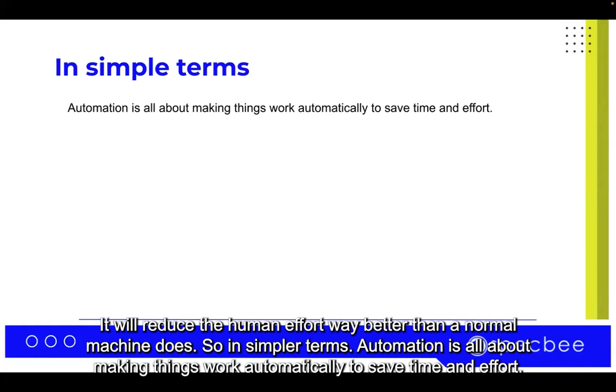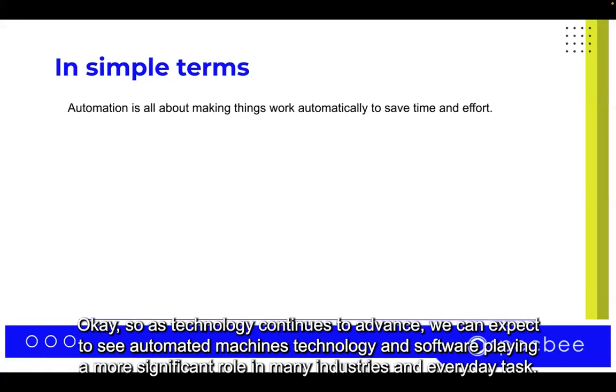In simpler terms, automation is all about making things work automatically to save time and effort. As technology continues to advance, we can expect automated machines, technology, and software to play a more significant role in many industries and everyday tasks.